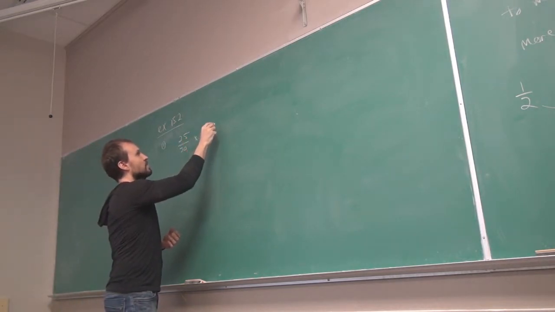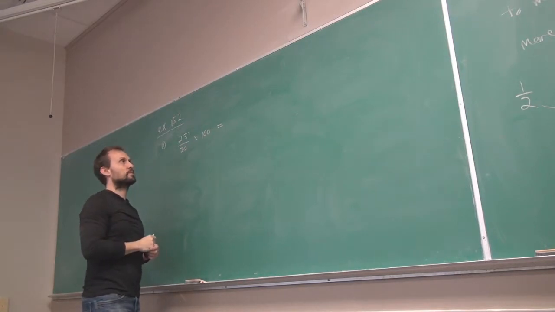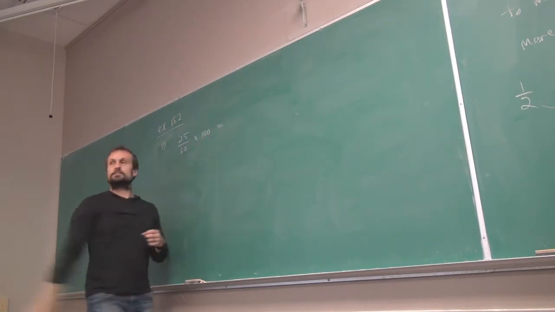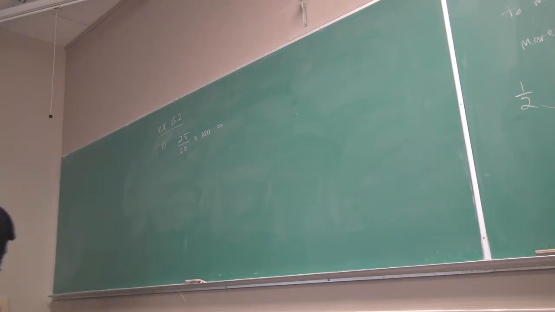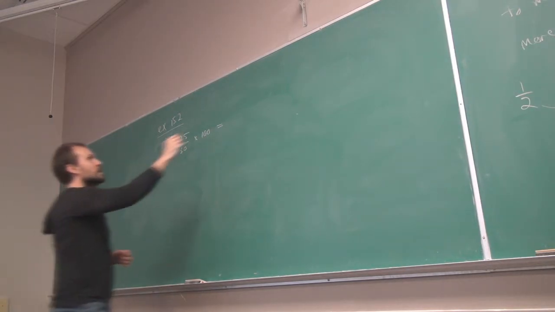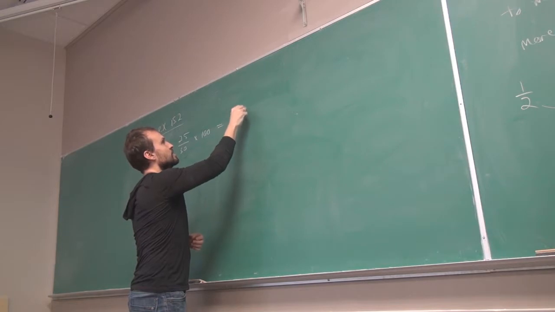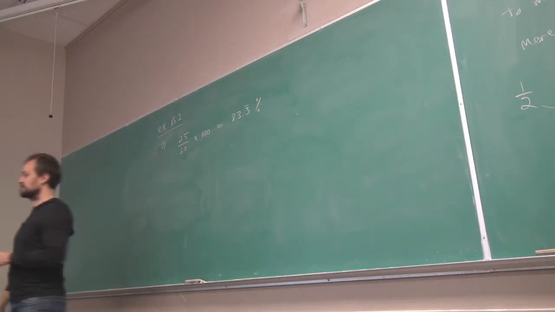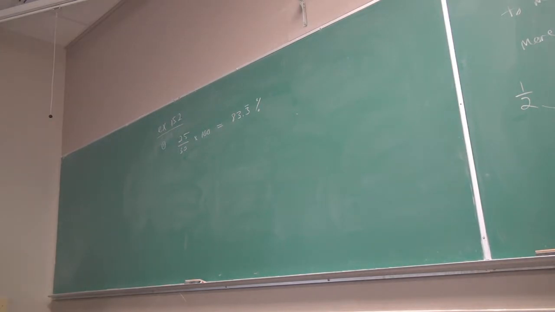Convert it to a percentage by multiplying by 100. What do I get? 83.3 repeating. Let's just say from now on we are going to round to 2 decimal places.